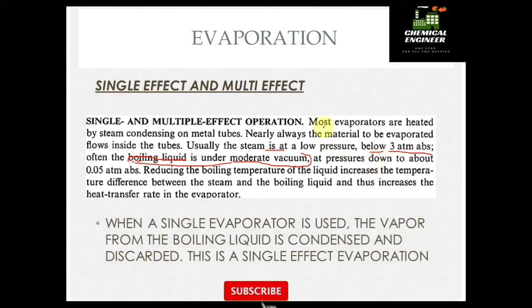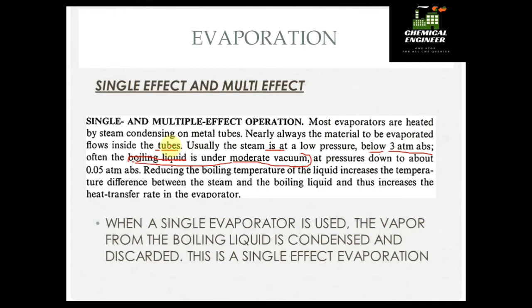evaporators. So most evaporators are heated by steam, and this is a tube and shell type of arrangement, and always the material that is to be evaporated is passed through the tube, while the steam is passed through the shell side.